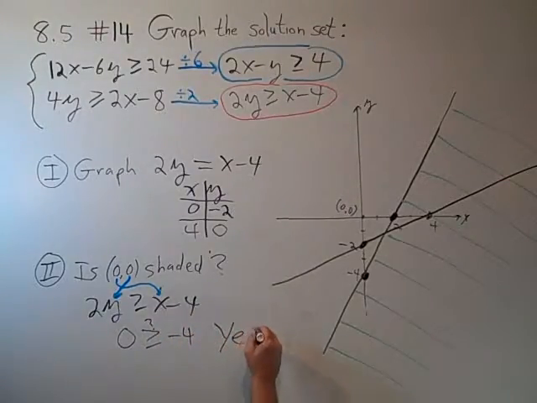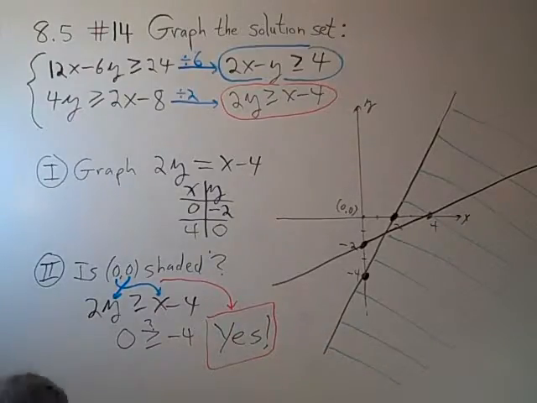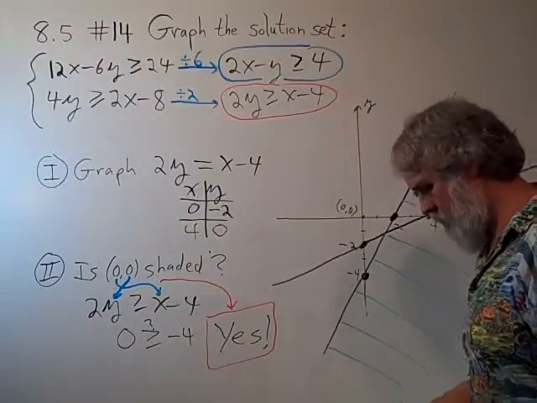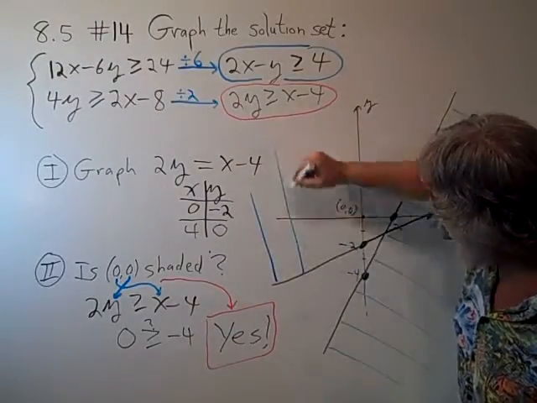And yes, it is. So that's the answer to the question. Is the origin shaded? Yes, it is. So the origin side of our second line is shaded.